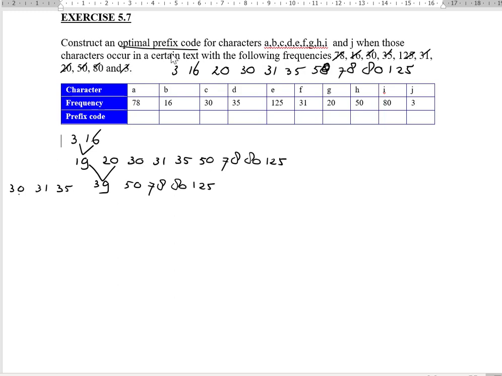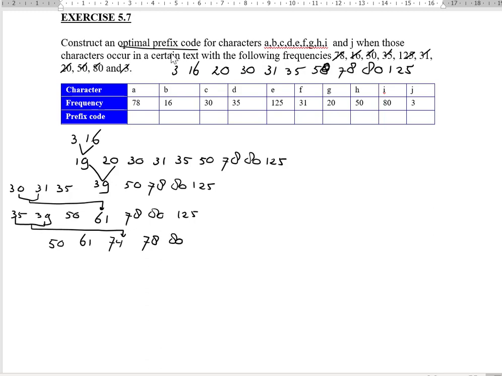Okay, we combine 30 and 31, I'll put them here, 61, so 35, 39, 50, 61, 78, 80, 125. These two together will give us 74. So in front 50, 61, 78, 80, 125.